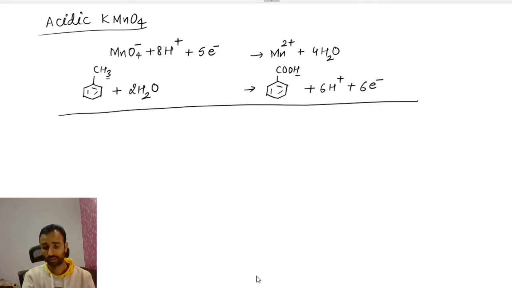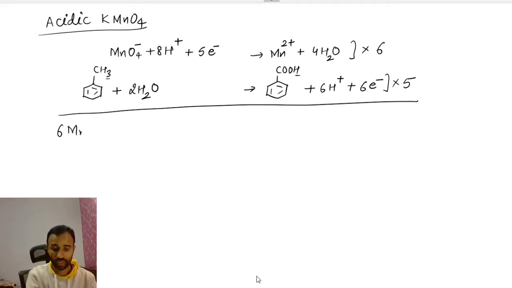Now we multiply the first equation by 6 and the second equation by 5 to get rid of electrons. Electron gain should be equal to electron lost. So 6 MnO4 negative plus 6 it's a 48 and 30 means 18, net 18H plus ions. So before writing it, we write the main constituents.